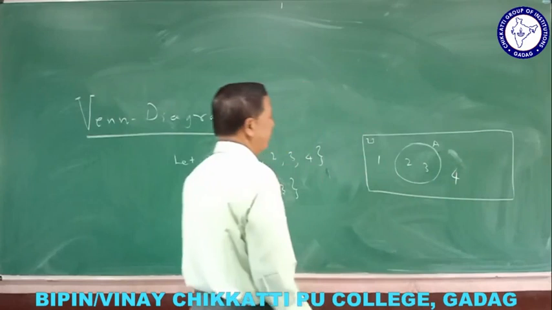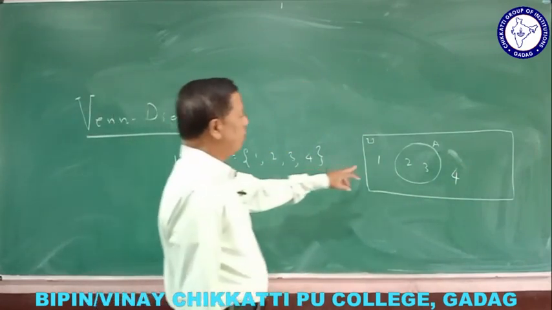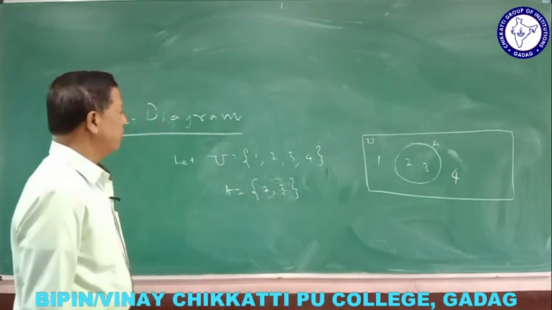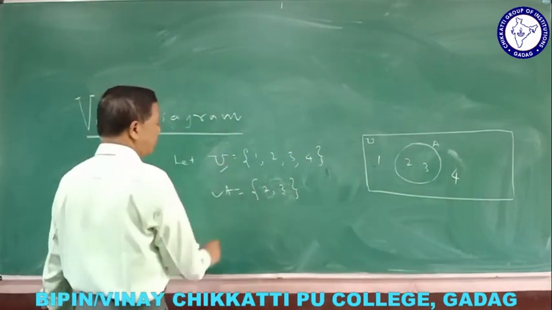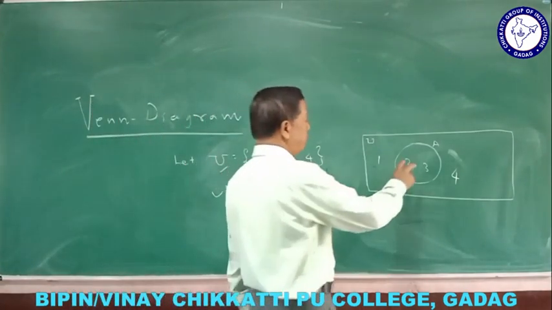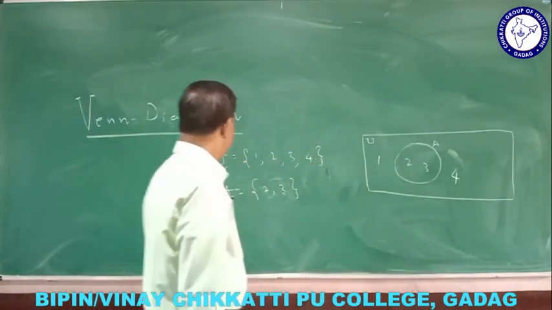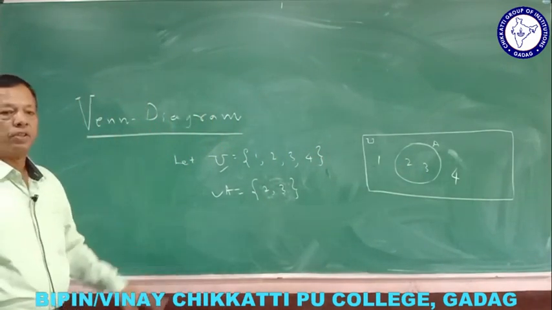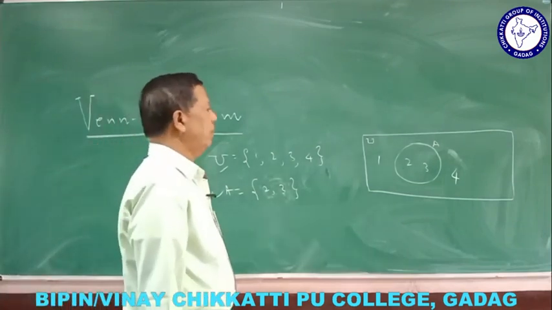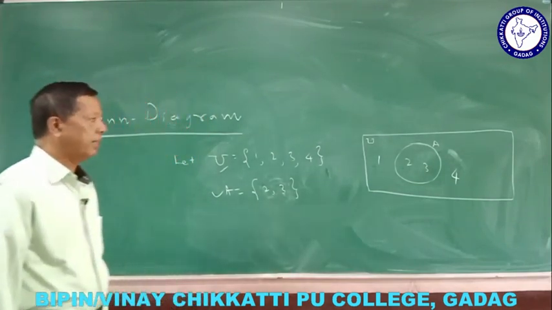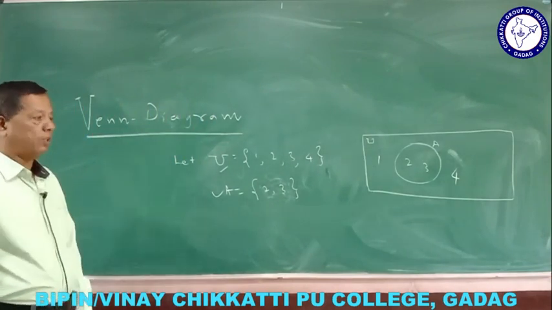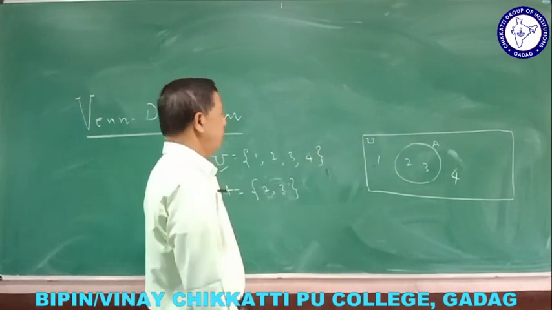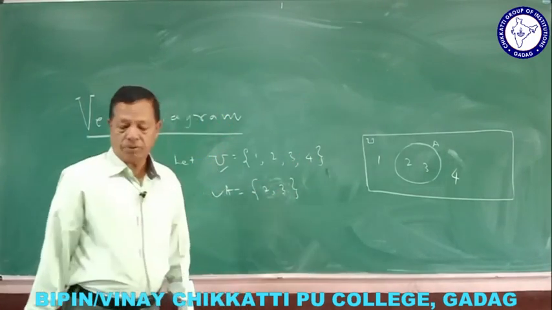See, 2, 3 are in A, and the remaining 1, 4 are written outside. 1, 2, 3, 4 are in U, and ultimately A is a subset of U. This is a way of representing the Venn diagram. A Venn diagram is the diagram which gives the relation between the sets, and it consists of a rectangle and closed curves, usually circles. The elements in the sets are always entered in the circle. So this is the way of representing the Venn diagrams.